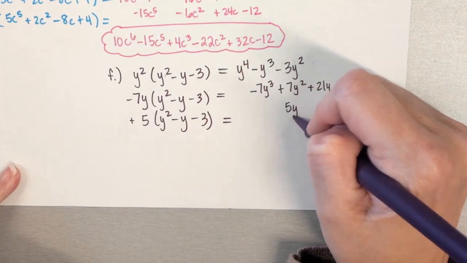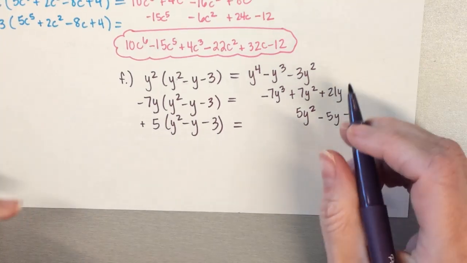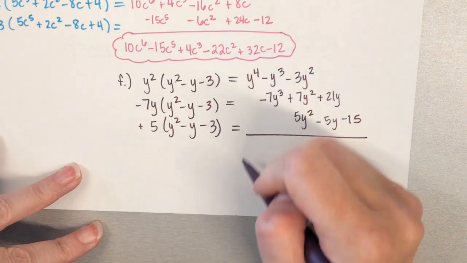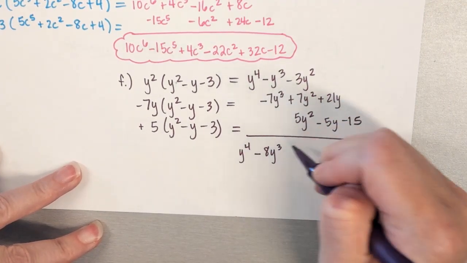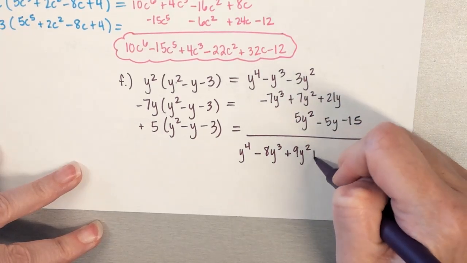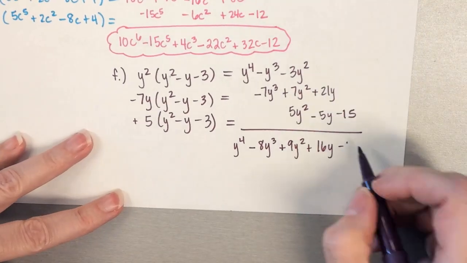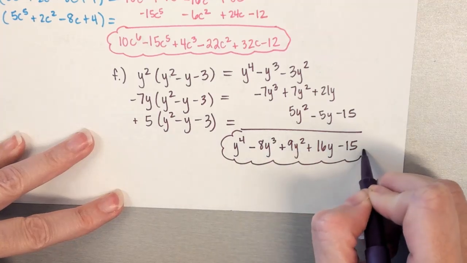So you would line it up here. Minus 5y minus 15. And then you can just add straight down, and it's so nice. So y to the fourth minus 8y cubed. 12 minus 3 is going to give you 9y squared. 21 minus 5 is going to give you 16. And it's nicely in standard form for you.